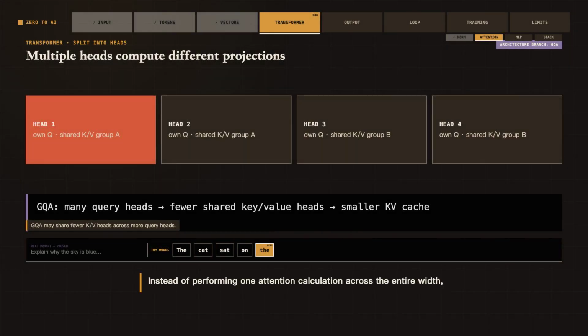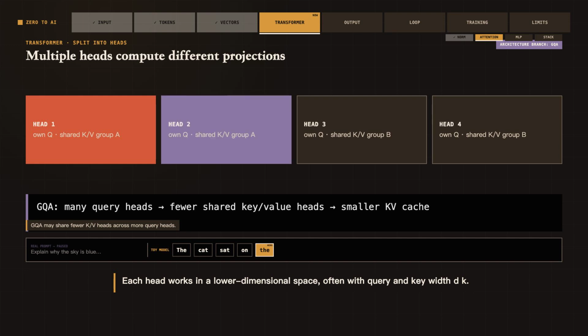Instead of performing one attention calculation across the entire width, ordinary multi-head attention divides the projected representation into several heads. Suppose the model has H heads. Each head works in a lower dimensional space, often with query and key width dk.